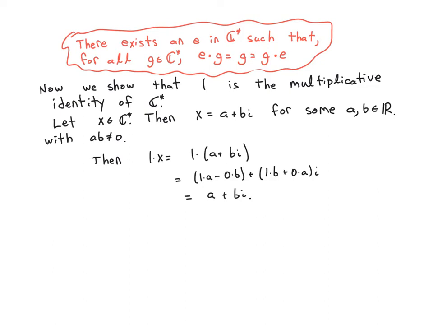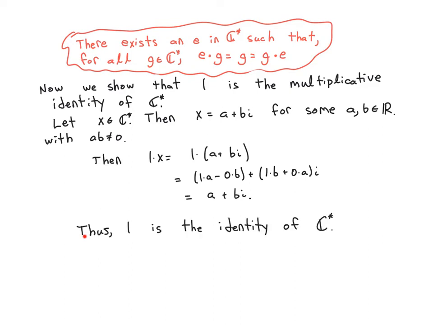In a very unenlightening fashion, you apply the formulas we did before. Remember, 1 is 1 plus 0 times i. And look, the first part is a, and the second part is b. So you actually do get a plus bi. So basically, you've actually proven that 1 times x is x.